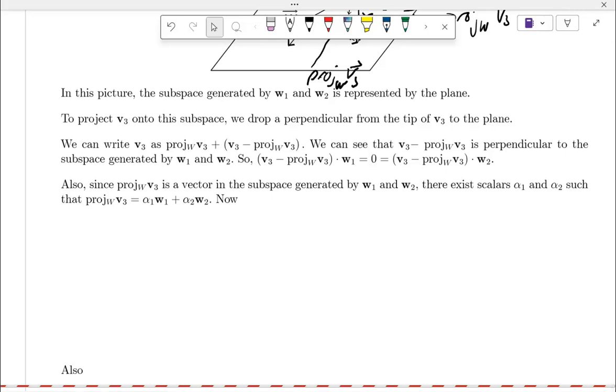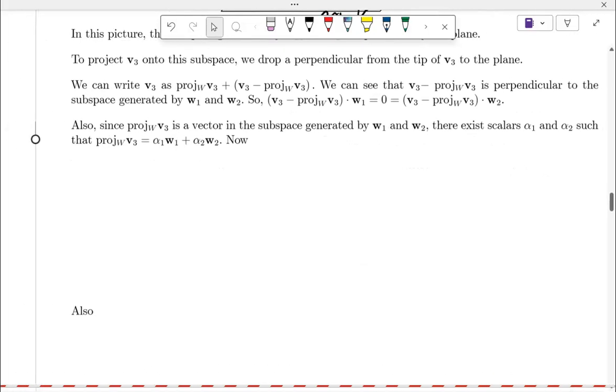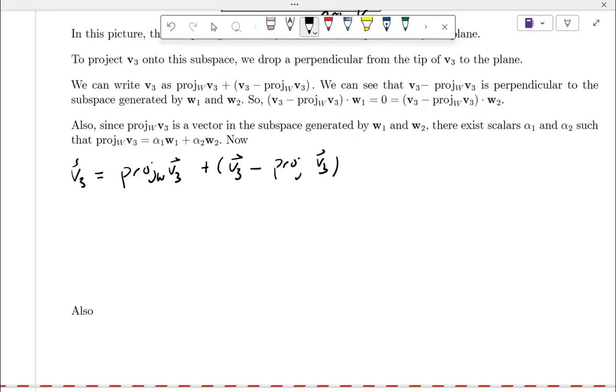Okay. So if we recognize that V3 is your projection of V3 plus V3 minus the projection, what happens when you take the inner product of W1 with both sides?